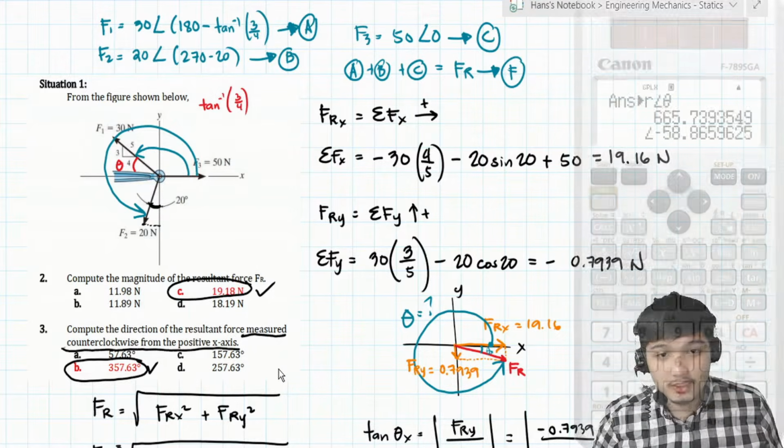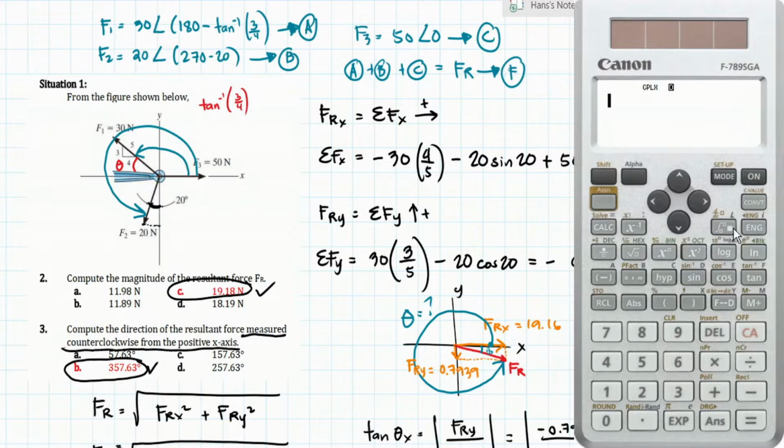Okay, so i-practice natin ulit. So mabilis lang naman. So 30 angle 180 minus arctan of 3/4 store sa A. Next, 20 angle 270 minus 20, B. And then lastly, 50 angle 0.